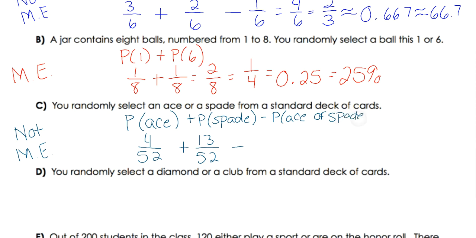That one card in there that has both an ace and a spade on it. So there's only one card that's like that I'm going to subtract out because I've double counted it. When I do that, 4 plus 13 is 17, minus the 1, that leaves me 16 out of 52. So that would reduce to 4/13, which is about 0.307 or about 30.7%.